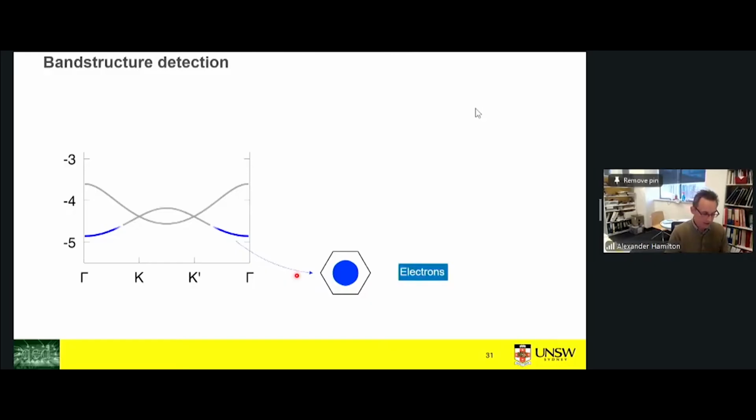If I increase the filling in this band a little bit more, I now start to fill these states. And that corresponds to this circle having grown large enough that it's touching the edge of the Brillouin zone created by my artificial lattice.